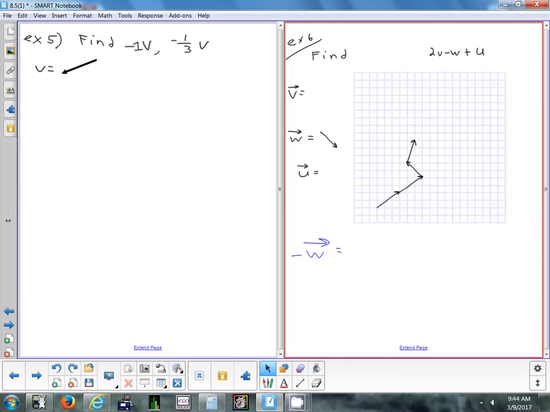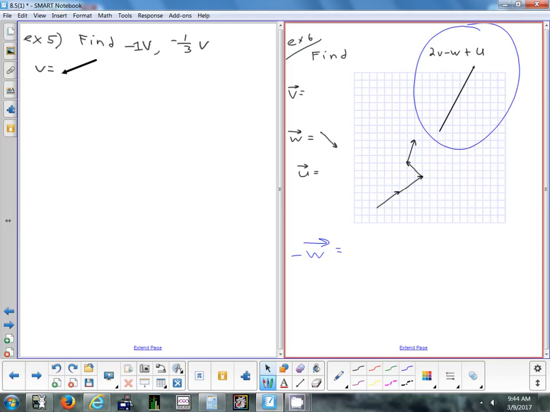So again, notice the flow of the arrows. They're all the same direction. And just connect where you started. It's a little bit off, but I'll just try to fix it like that. All right, that's pretty good. There's 2v minus w plus u.